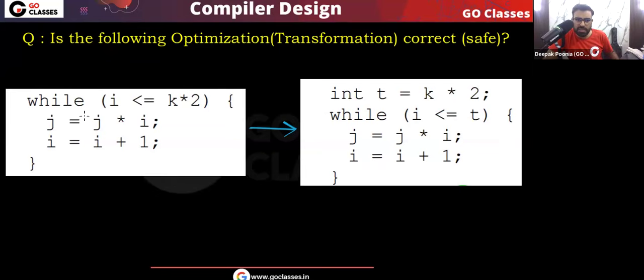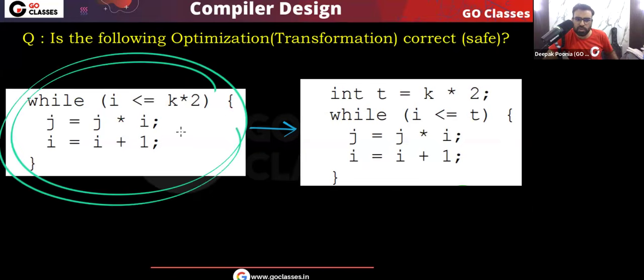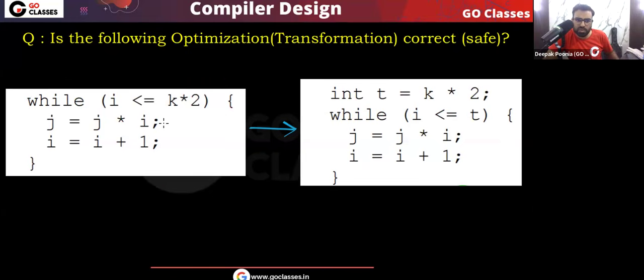You can notice that in this loop, if this loop is running, let's assume 1000 times, this variable k is not changing. Yes or no? Variable j is changing, variable i is changing, but variable k is not changing. Let's assume initially the value of k was 50. Then k into 2 will become 100.